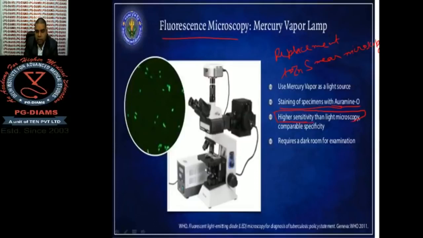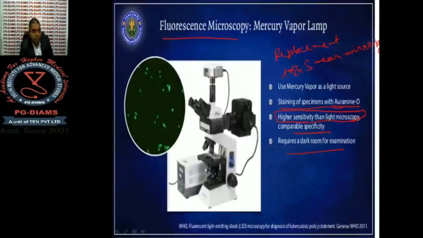But the specificity is almost equal, and it requires a dark room for examination, and this device is very costly. So fluorescent microscopy is rarely present at most places, but CBNAT or Gene Expert is the new diagnostic procedure which is going to be available at almost all the district tuberculosis unit centers in the forthcoming year under the revised national tuberculosis guideline.